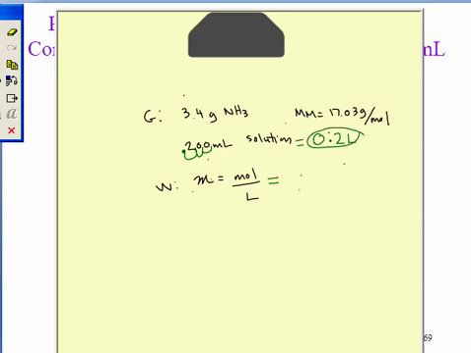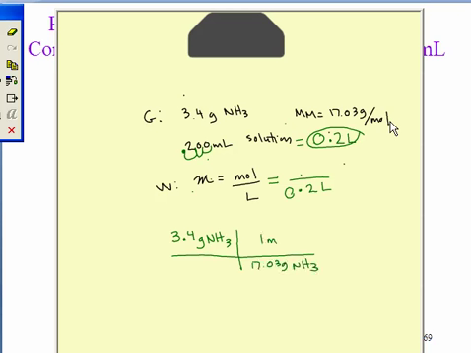So now we can plug in down here 0.2 liters. Now in the top part we need moles of ammonia, and we're given mass, and to get to moles from mass we've got to use our molar mass. So 3.4 grams of ammonia, do our railroad math, 17.03 grams of ammonia down here, that's equal to 1 mole of ammonia. And our grams of ammonia cancel out.